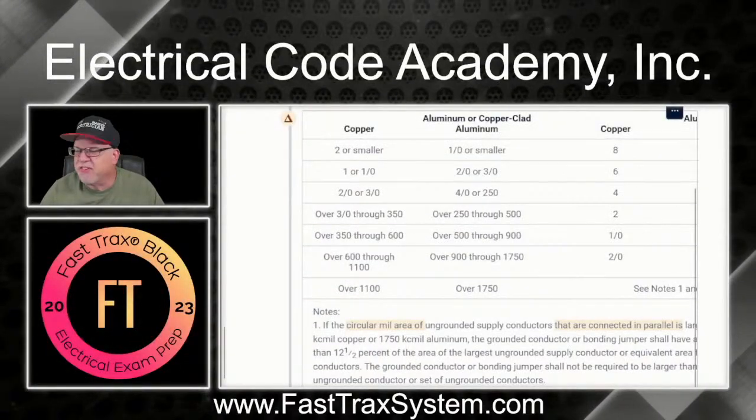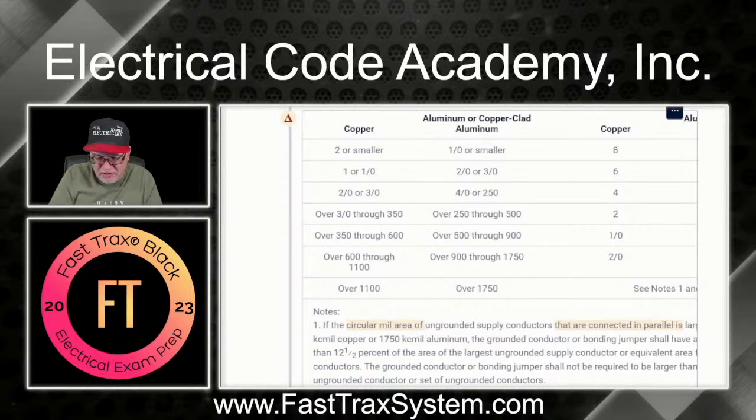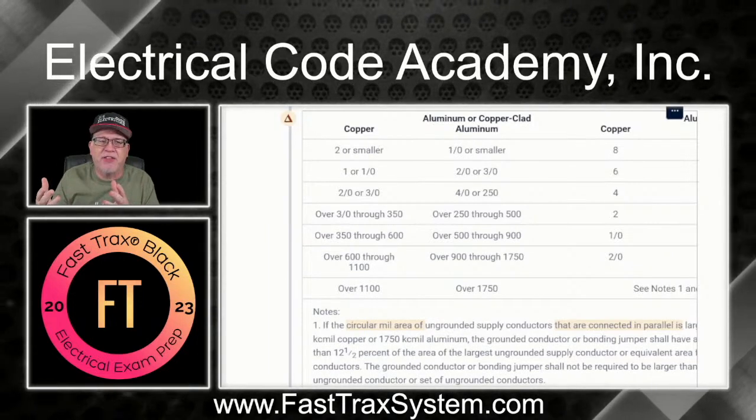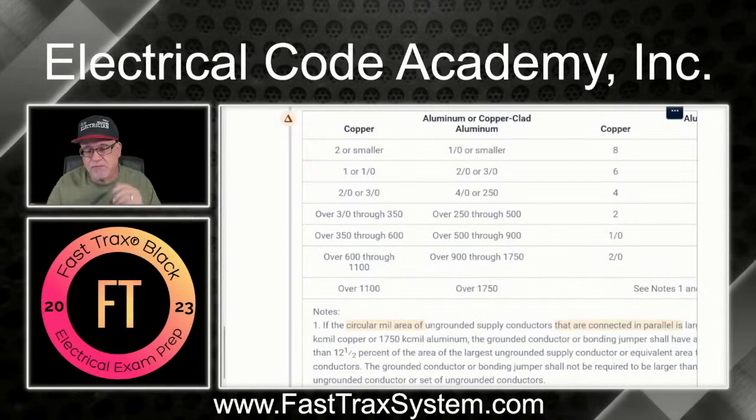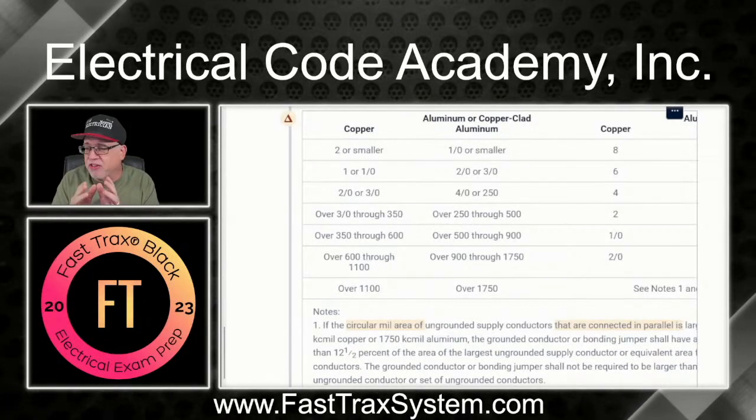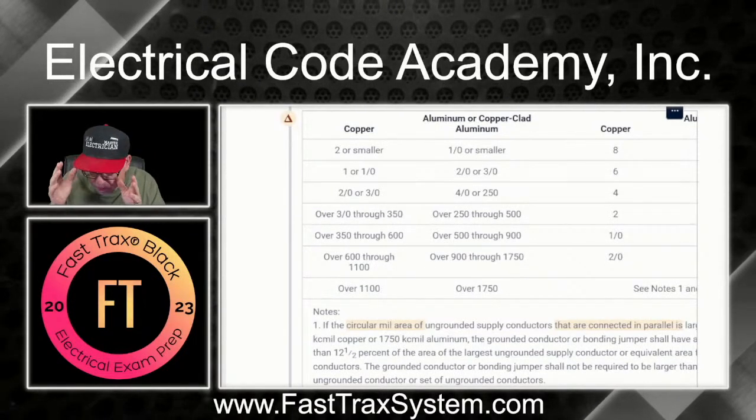Let's do that now because I want to make sure I hammer that home. So let's say that we did a 12.5% and we got 162,000 circular mils, and the grounded conductor had to be equal to that. Well, chances are there's not a conductor that is perfectly tailored to that, right?